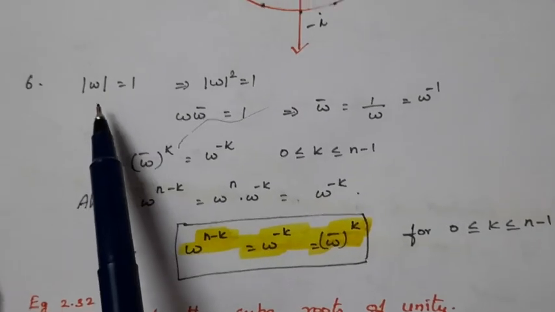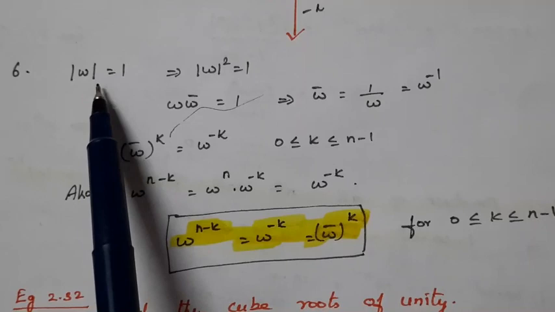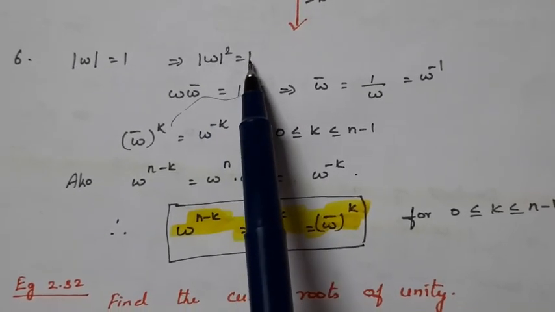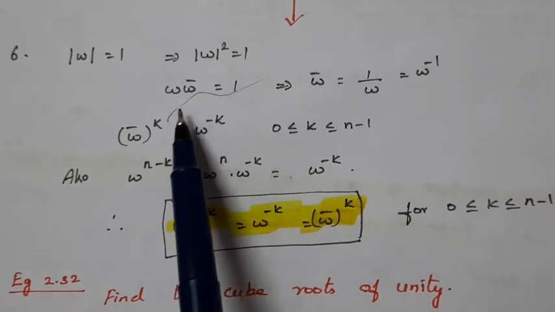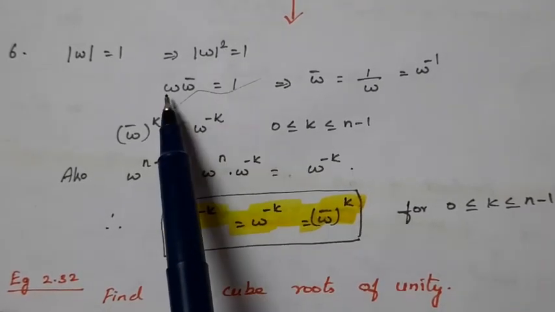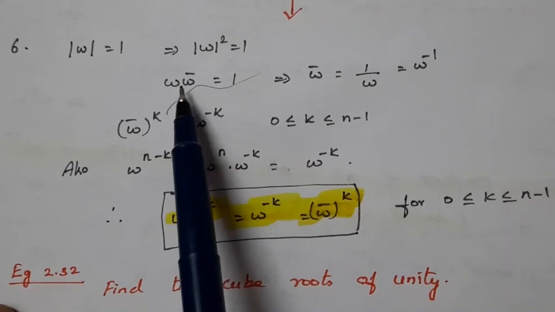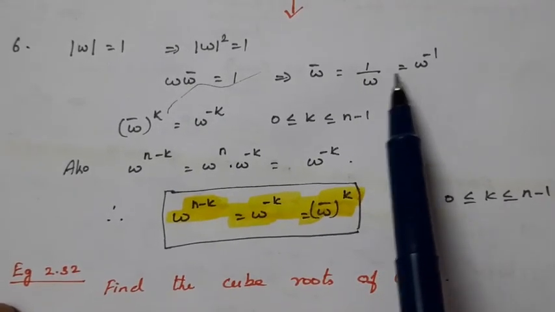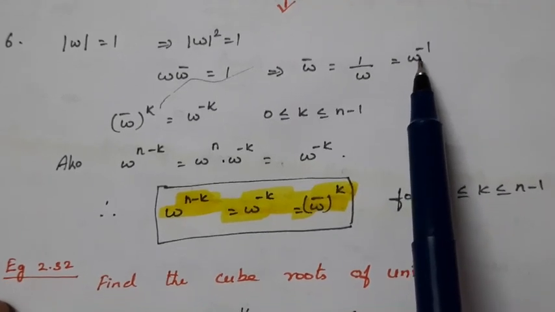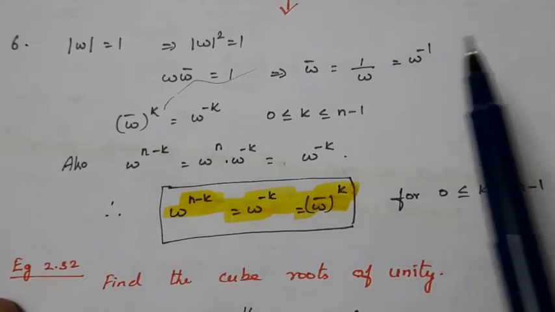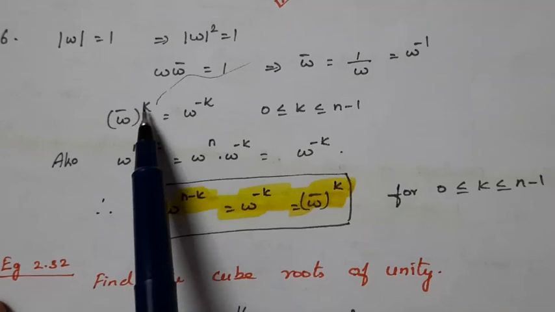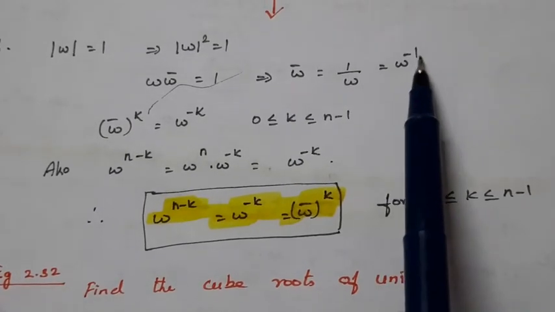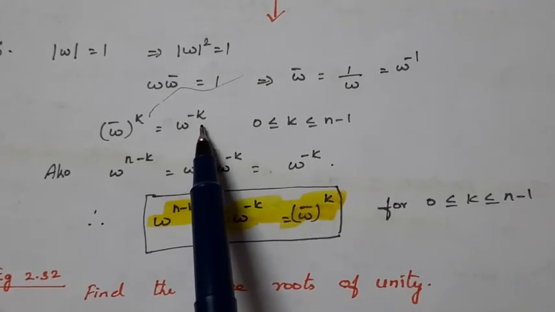Now, modulus of omega is equal to 1, you know that, and therefore modulus of omega squared is also equal to 1. Modulus of omega squared means omega into omega bar is equal to 1, so omega bar, that is the conjugate, is equal to 1 by omega. 1 by omega is nothing but its inverse, which we can represent by omega power minus 1. Therefore, (omega bar) to the power k is equal to (omega power minus 1) to the power k, that is omega power minus k.